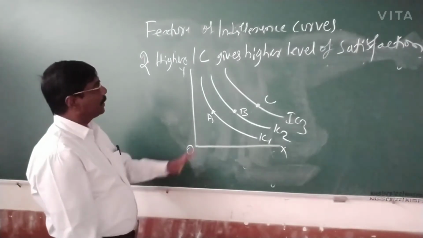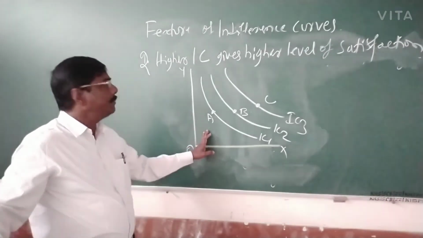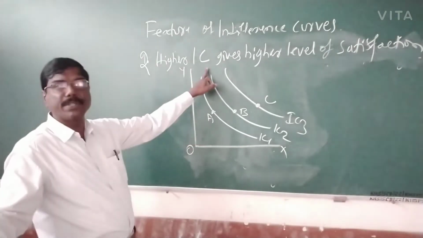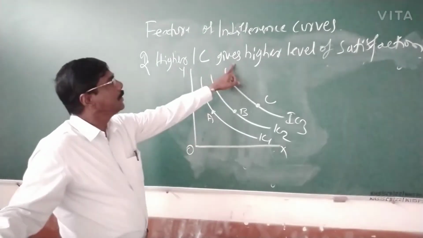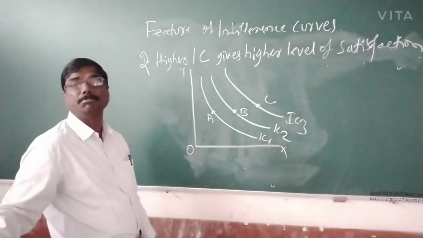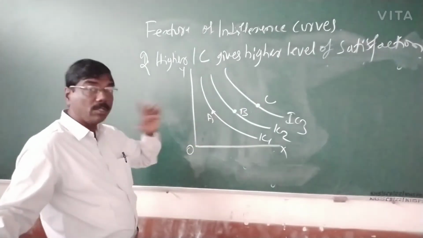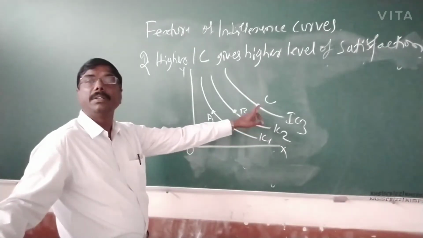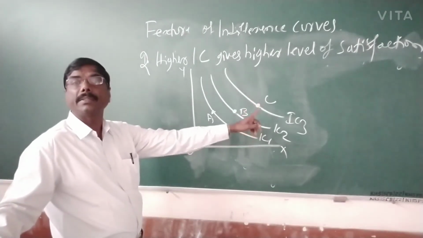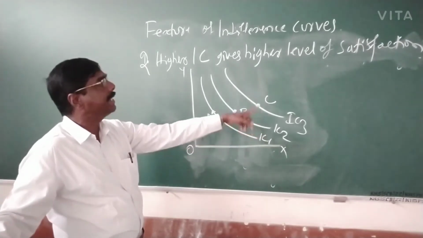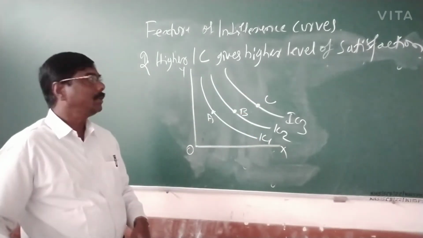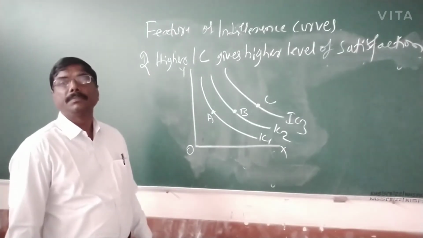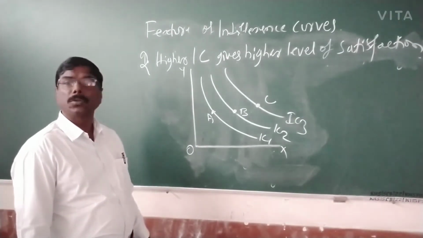So this diagram clearly explains that a higher indifference curve gives a higher level of satisfaction. Any combination on the higher indifference curve gives a higher level of satisfaction, because he is able to consume more quantity of commodities or goods.